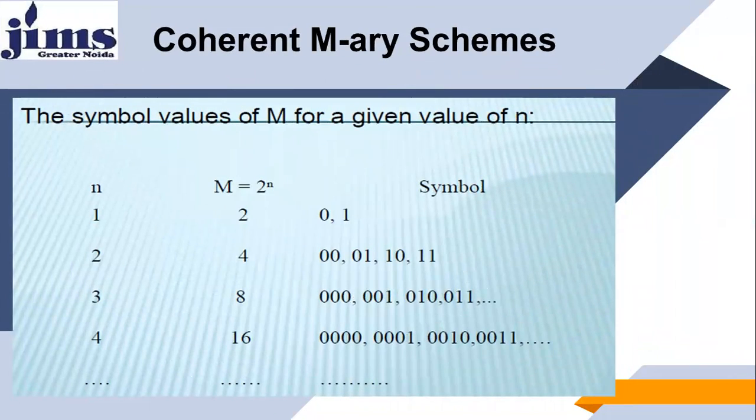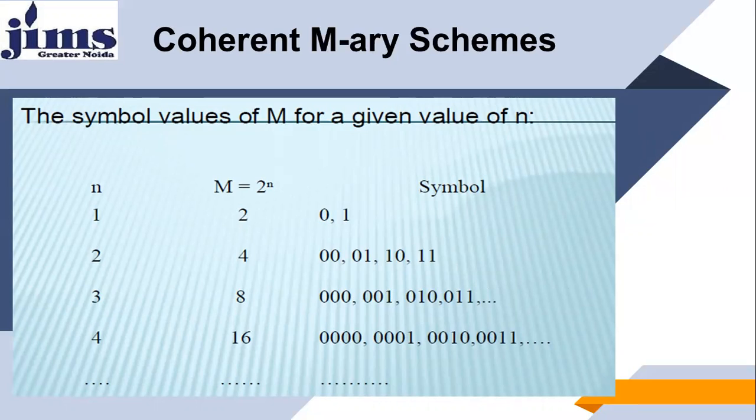So the symbol value of M for a given value of n. Look at this: if n is equal to 1, you get 2 symbols, you get 2 signals, and this is the case of, for example, PSK. In PSK, you have 2 equations, one representing 0 degree and another representing 180 degree phase shift.